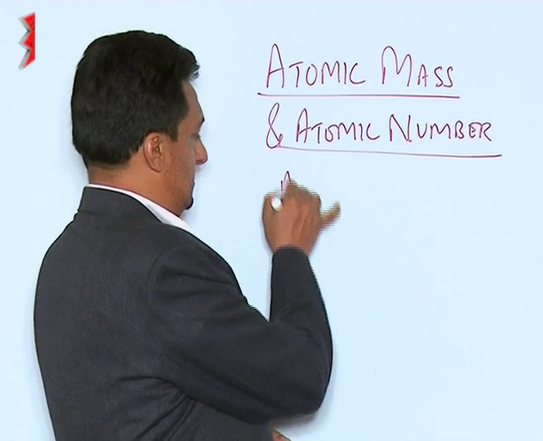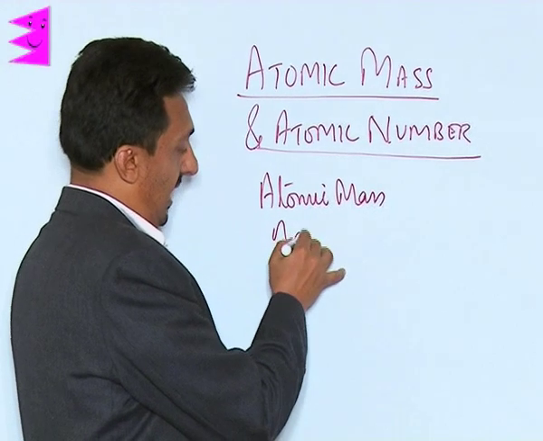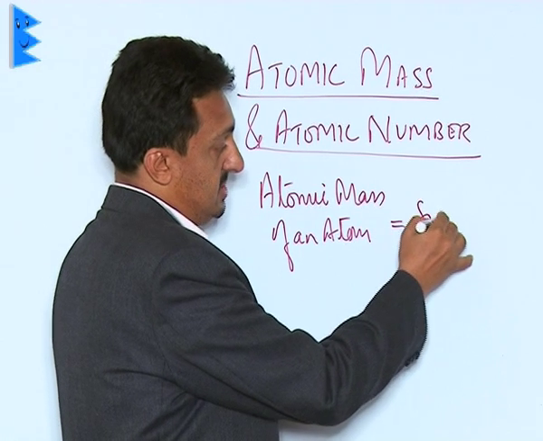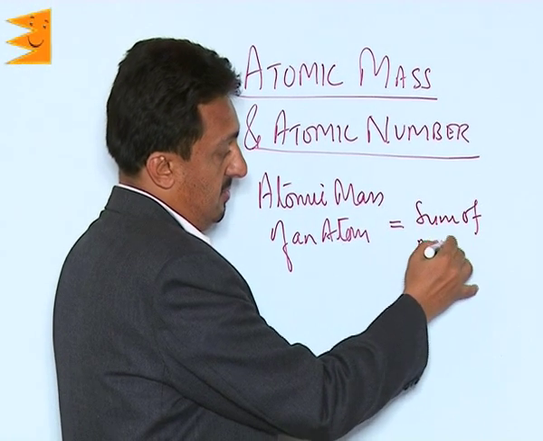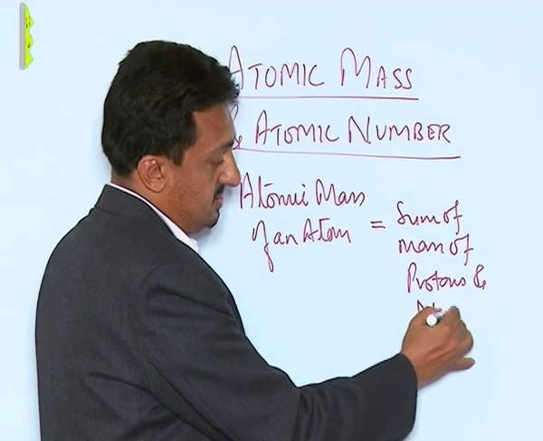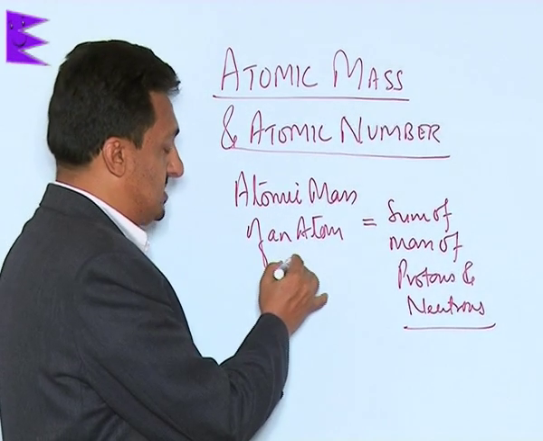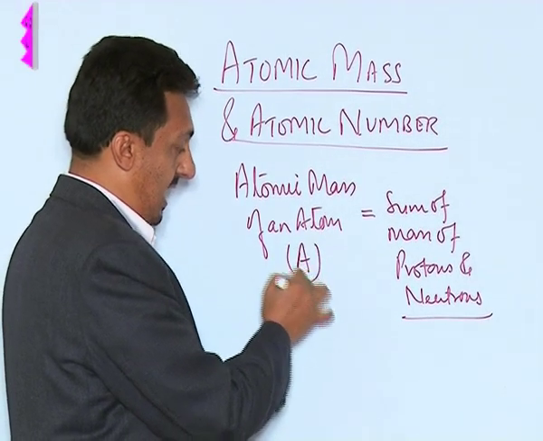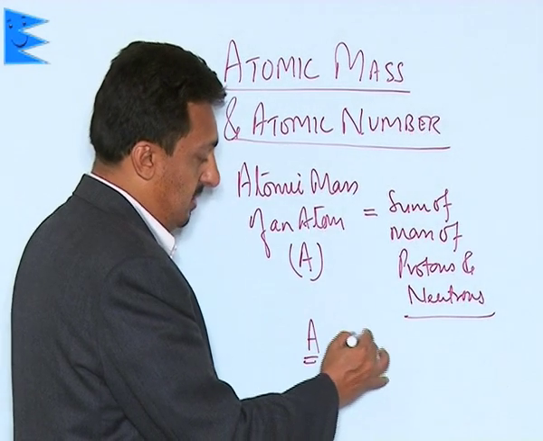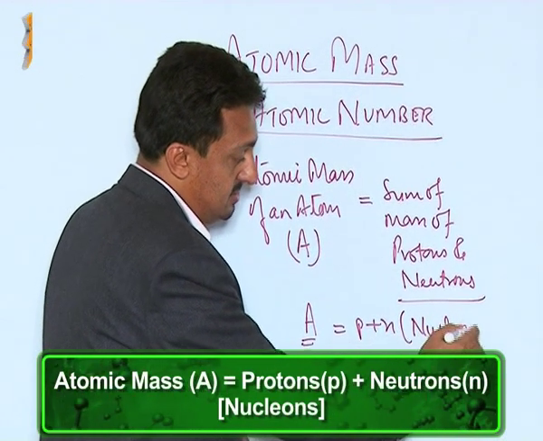The atomic mass of an atom is equal to the sum of the mass of protons and neutrons, and this atomic mass is given the symbol A. So we simply say A is equal to protons plus neutrons, which together are called nucleons.